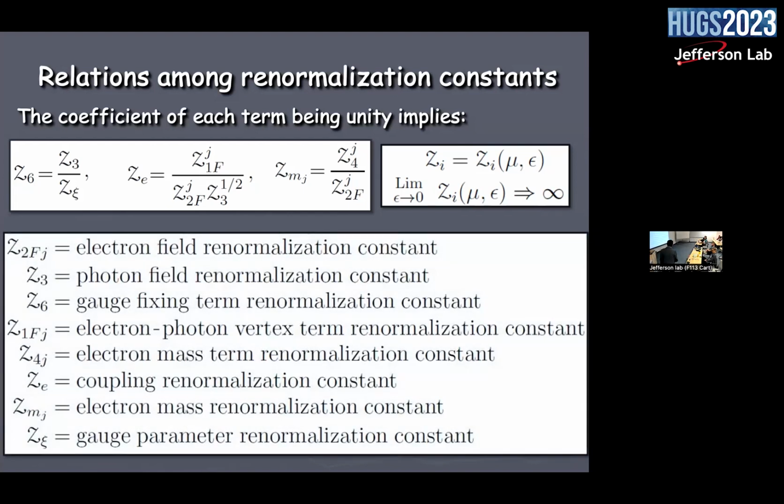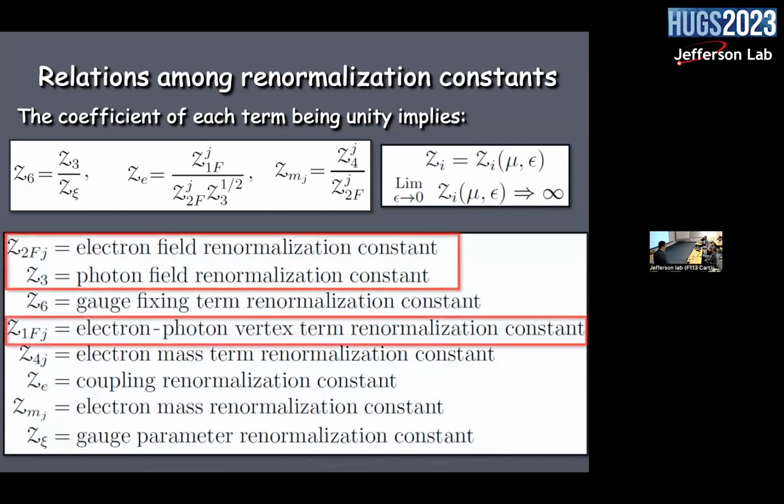You don't need to look at all the definitions of all these fields, but this is there in the presentation. You can look at it. For the time being, our interest is to see the renormalization constants associated with the electron field, with the photon field, or the electron-photon vertex. Because these three are the ones which enter into the definition of something that gives us a different view of what charge is. Because charge is not going to be a constant.